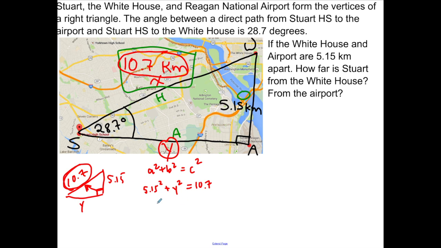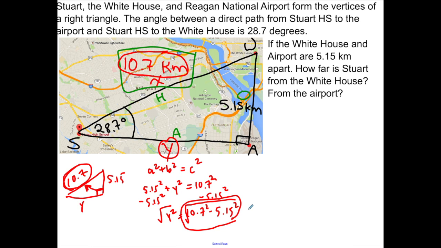So all we do is we subtract 5.15 squared from both sides, and we get Y squared equals 10.7 squared minus 5.15 squared. Then we do the square root of both sides, and then we can put this whole thing in our calculator.